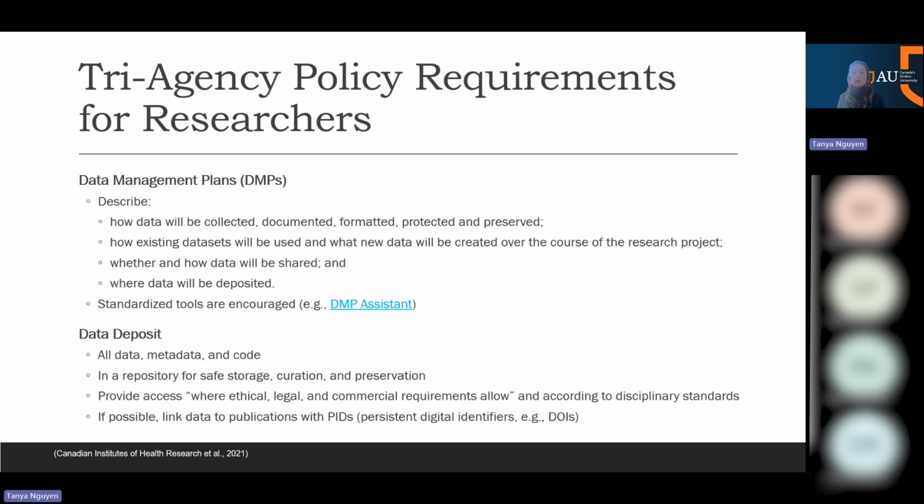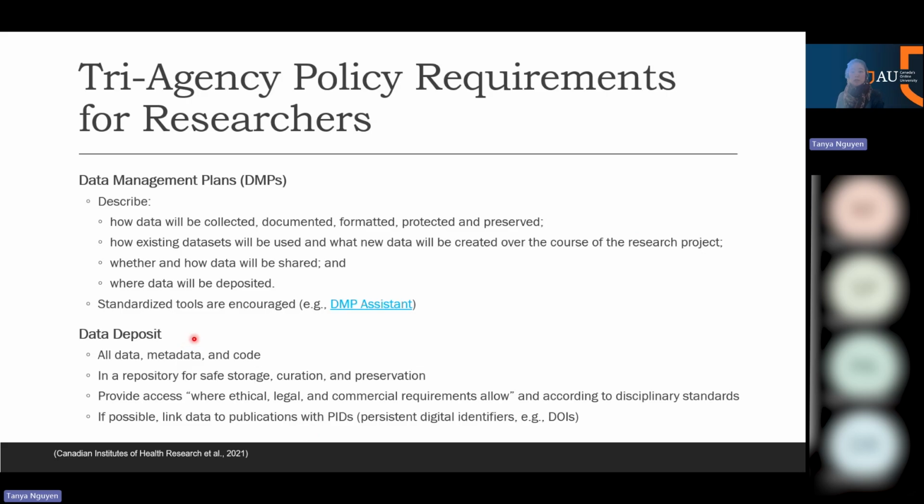What is it? And is there going to be any new data created over the course of your project? The DMP also goes over whether and how the data will be shared, where the data will be deposited or retained long-term, etc. The tri-agency is also encouraging standardized tools such as the DMP Assistant. And hopefully we can do a demo of that at the end.